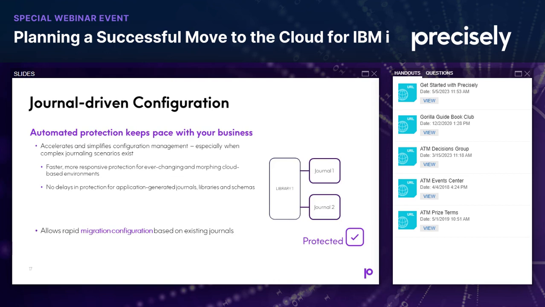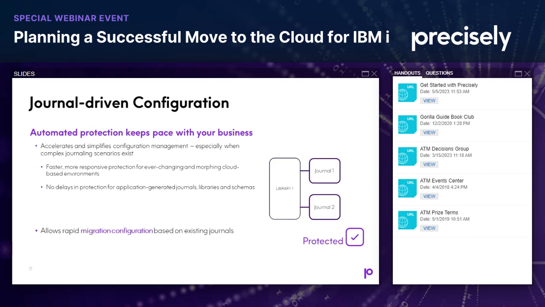This allows a configuration to be built much faster. We can just use the journal-driven configuration based on your existing journals. We can set up catch-all data groups that will take care of everything else that's not journaled, and away you go. So that's going to significantly improve how fast we can build a configuration for migration.